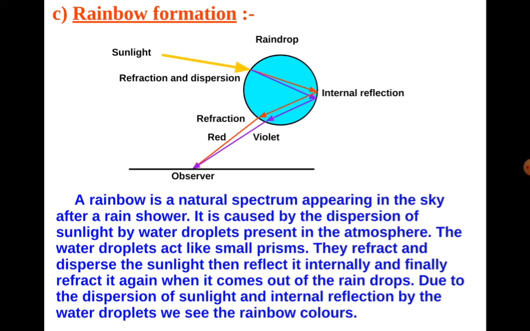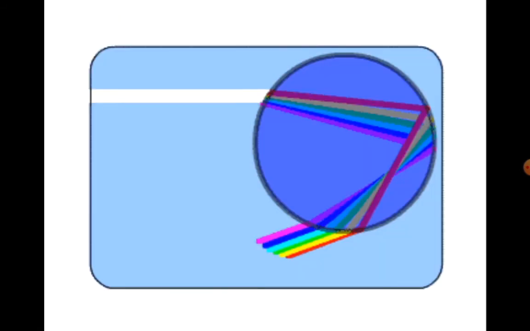As you can see here, first the sunlight comes inside, it gets refracted inside, and internally it gets reflected and then refracted again outside, and the rainbow colors form here, right?